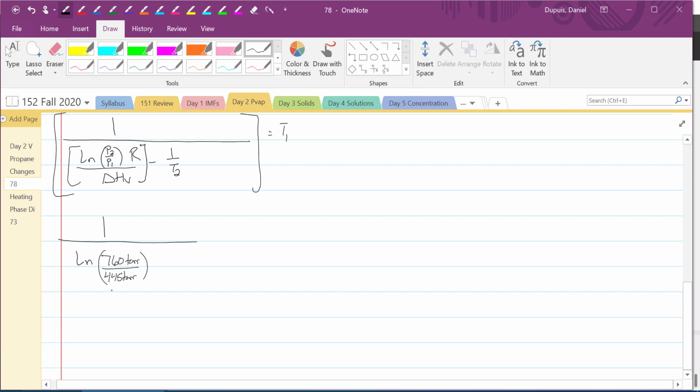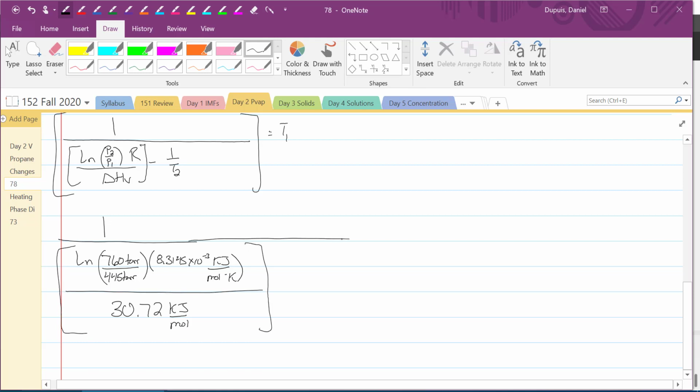Right, that number times 8.3145 times 10 to the negative third kilojoules per mole Kelvin. Right, divided by delta H, which was 30.72 kilojoules per mole. All that math has to be done, and then we're going to add that to plus 1 over 353.